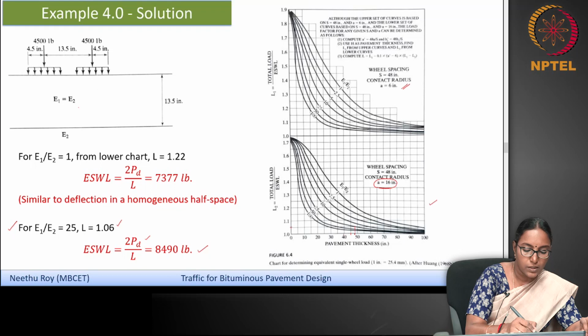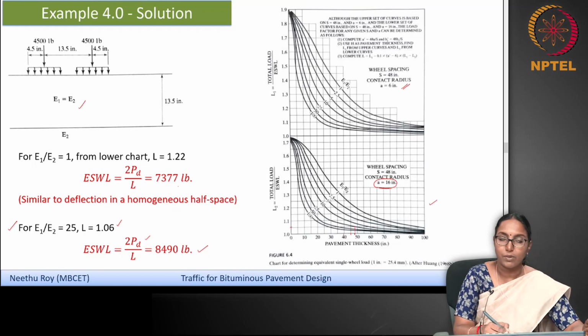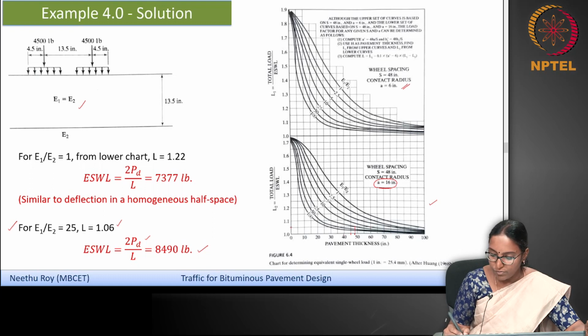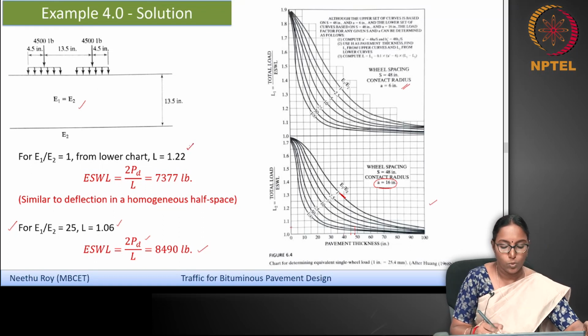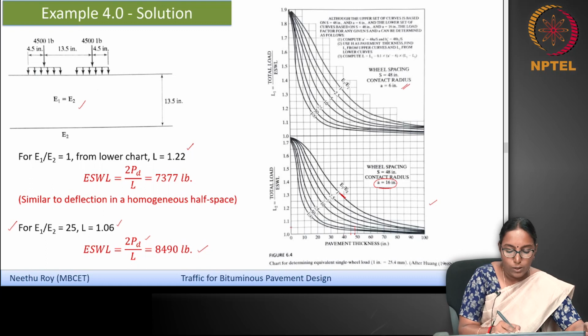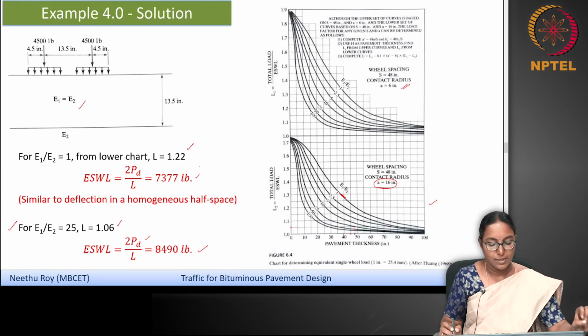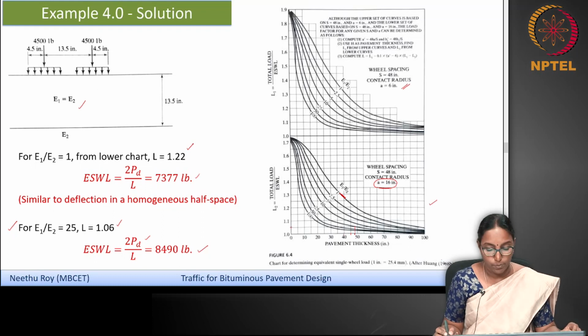Now this is the first case where it is mentioned that E1 by E2 is equal to 1. So again you can read from the bottom chart, you see that this is E1 by E2 is equal to 1. So when you read it, you see that L is equal to 1.22. So if you find the equivalent single wheel load for a homogeneous half space, you got it as 7,377 pounds.